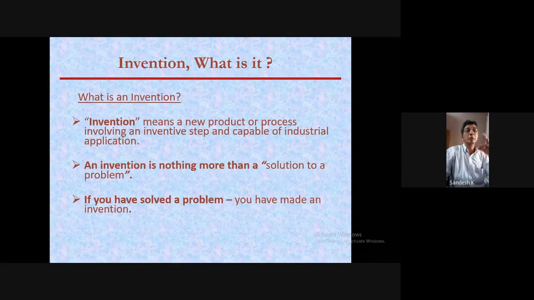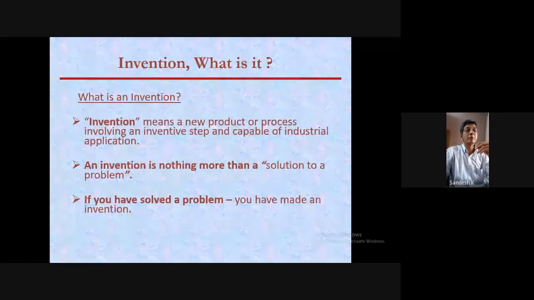It should be a new product, or it could be incremental. I'll explain this, what is a new product or process. We are developing a certain process which involves an inventive step, and it should have an industrial application. This is very important. If I have developed something new and it is used for nothing, no, I do not go for it.